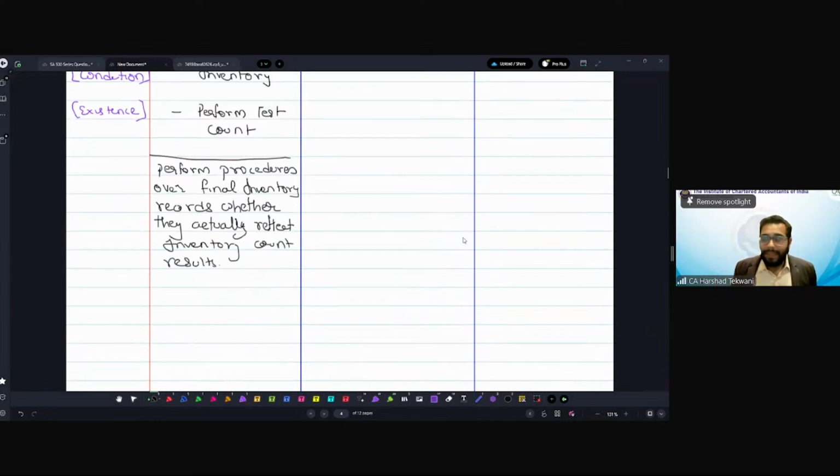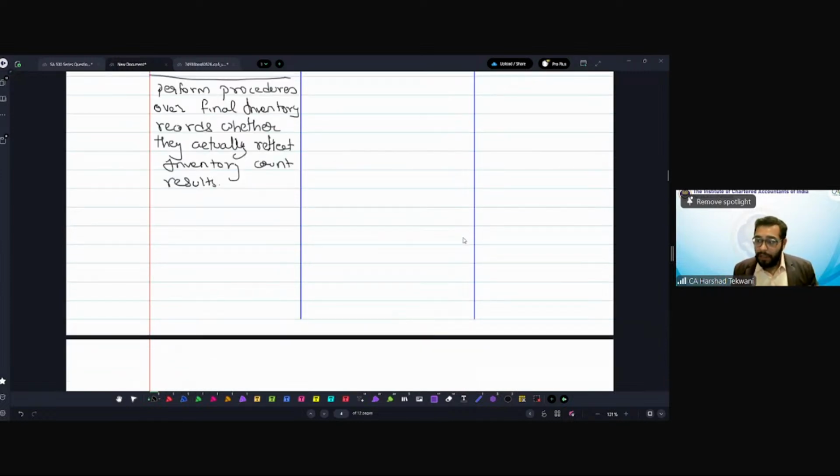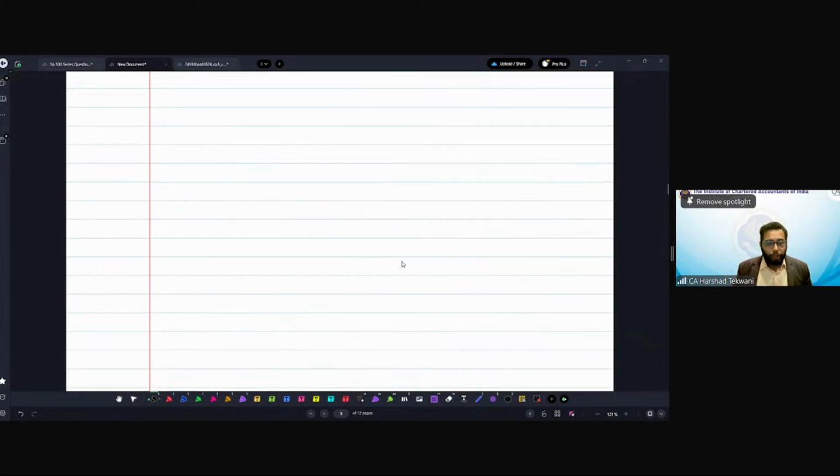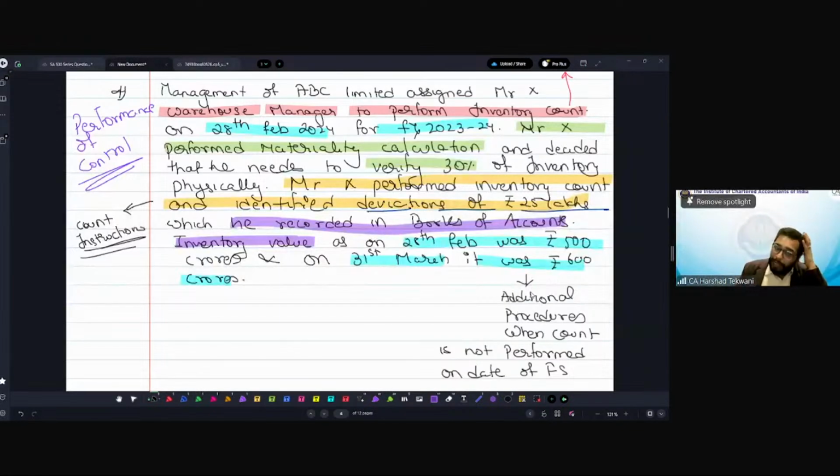Now, the second thing that we need to understand: if the count was performed on some other date, so what? Here, we have performed the count on 28th Feb, but I need comfort on 31st March.